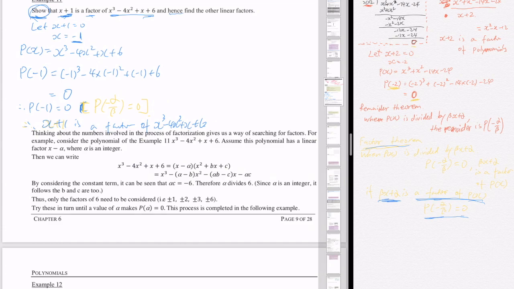And hence, after we show that, find the other linear factor. So now you need to do the long division, because we have the dividend x cubed minus 4x squared plus x plus 6 divided by x plus 1.